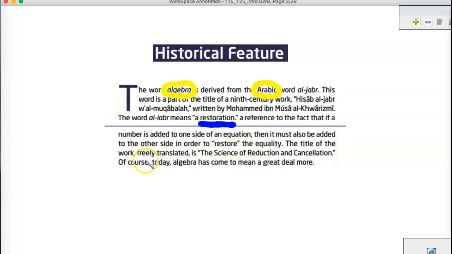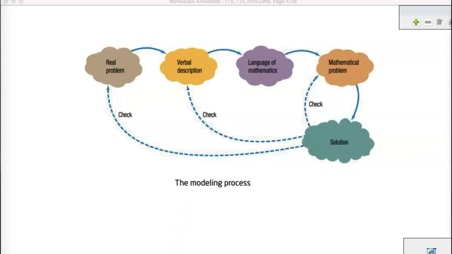The title of the work freely translates as The Science of Reduction and Cancellation. Of course, today, algebra has come to mean a great deal more. So this is just a little information about it, and I just wanted to share that with you. I thought that was interesting.